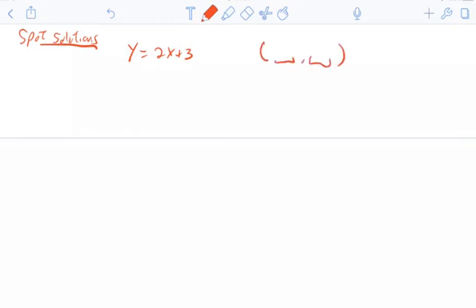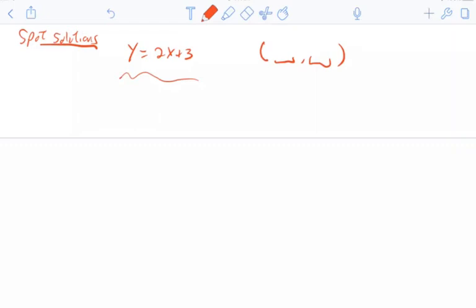Okay, what do I mean by spotting solutions? I mean, like, somebody gives you y is equal to 2x plus 3, and they ask you to name one solution. Find one pair, some number for x, some number for y, where if you plug them into this expression, you'll get an equal sign.